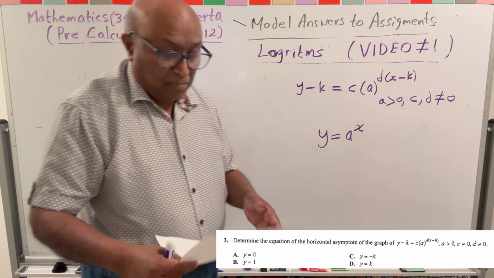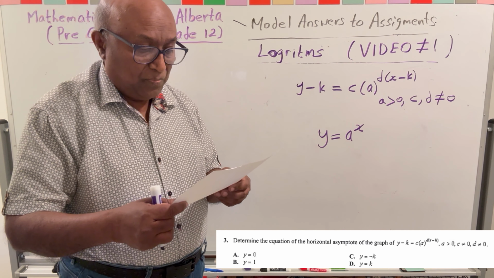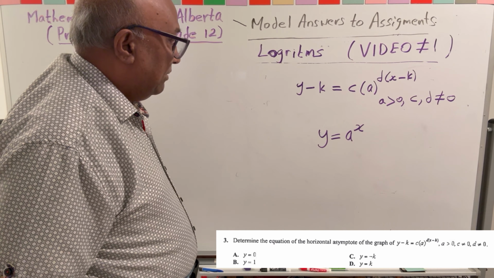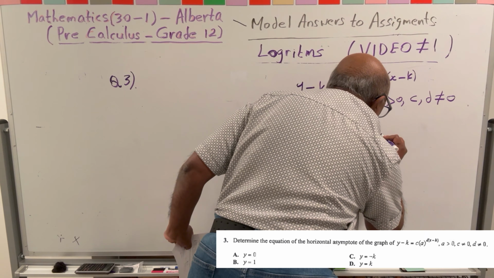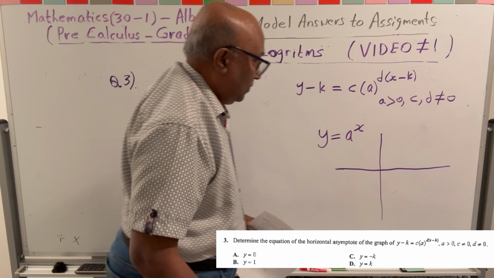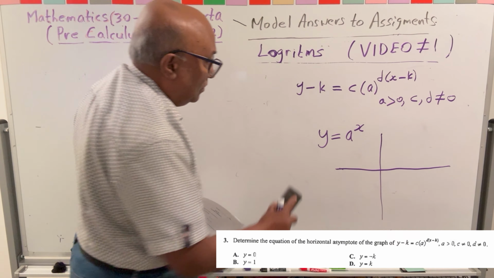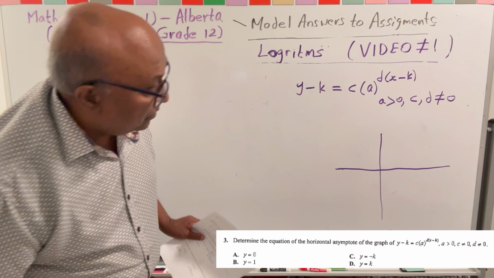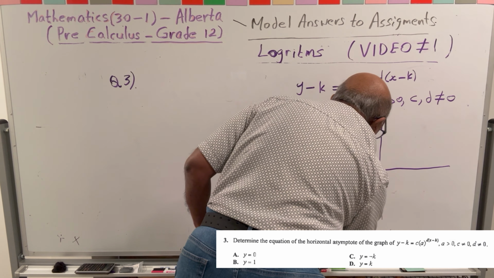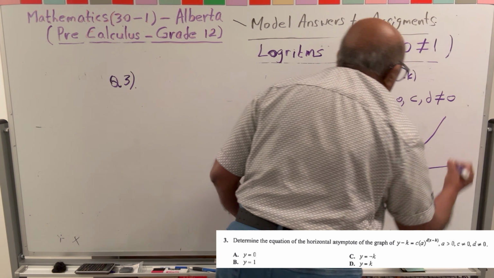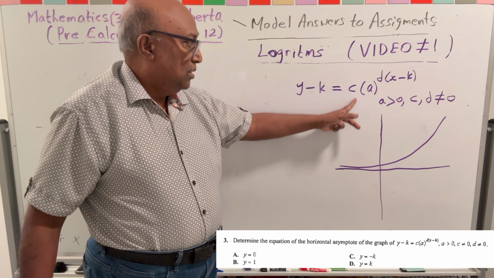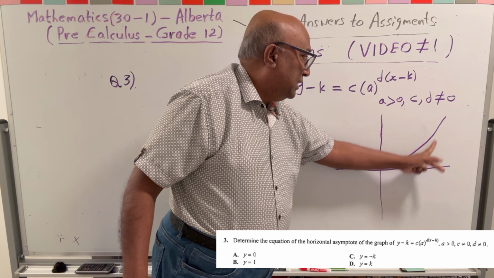Okay. The question asks to determine the equation of the horizontal asymptote. If you sketch the graph, how does it look? Let's say this is the original function. If you assume C is positive, the original function stays above the x-axis.